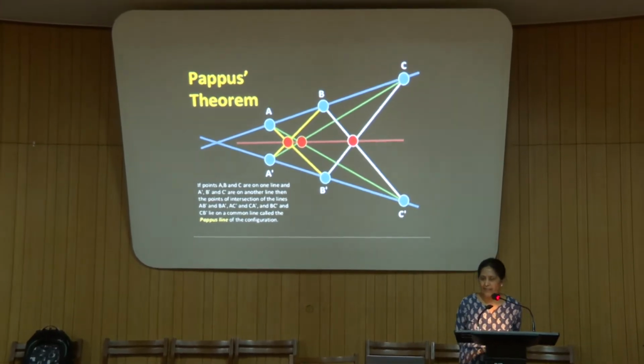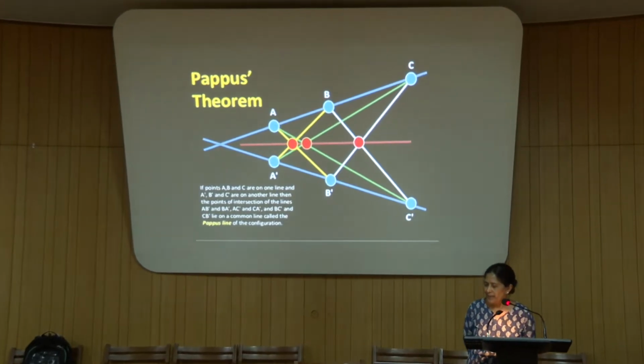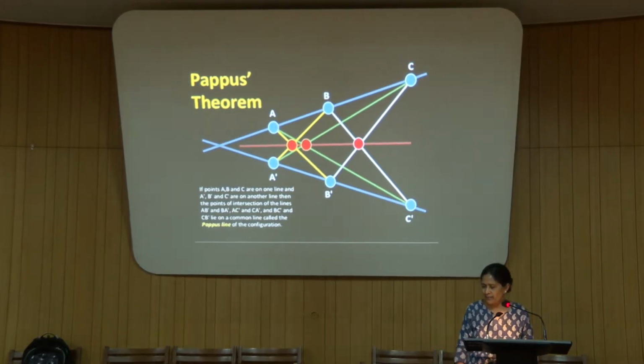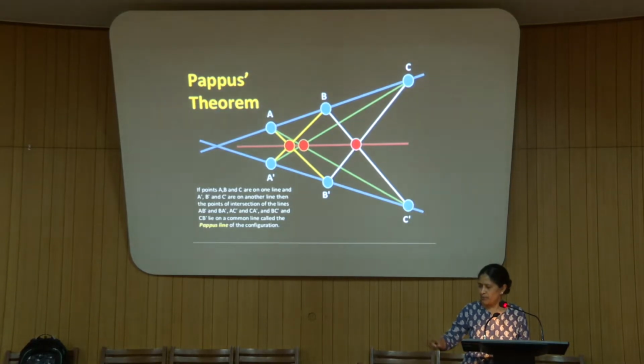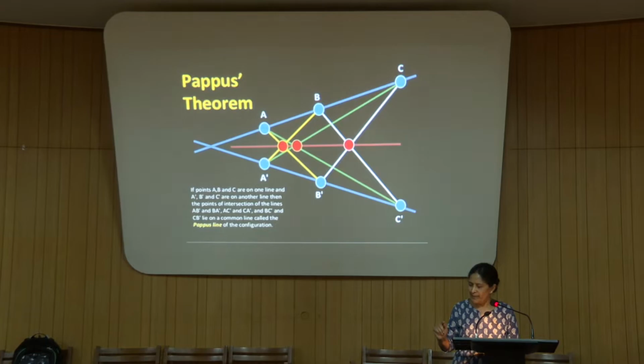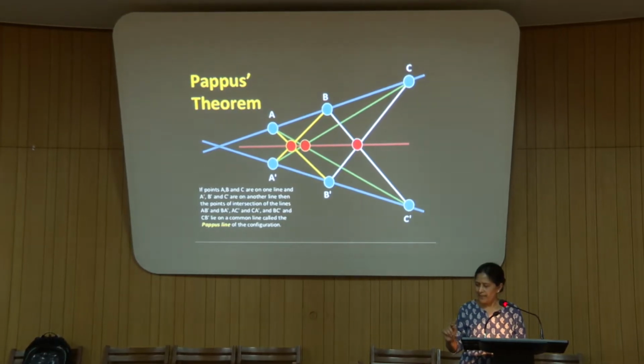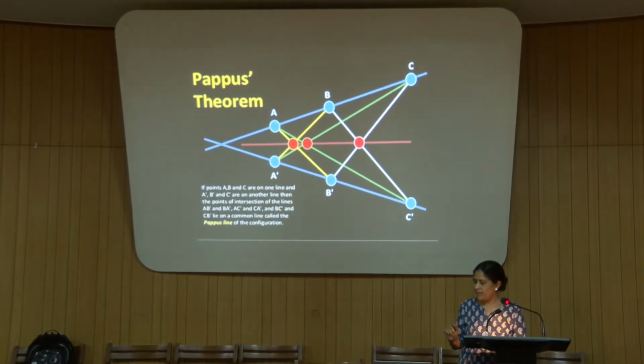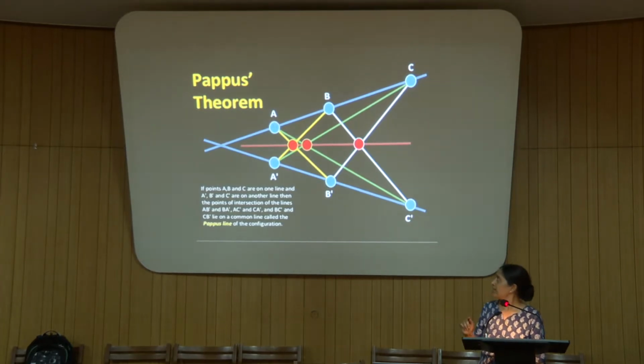Now, Pappus's theorem, as I had mentioned earlier, can be stated in this way. So consider this blue, there are two blue lines, you can see, and the one blue line has three points, A, B, and C. And the other blue line has three other points, A prime, B prime, C prime. Now consider joining these points crosswise.